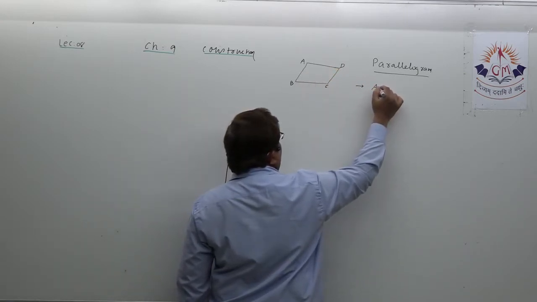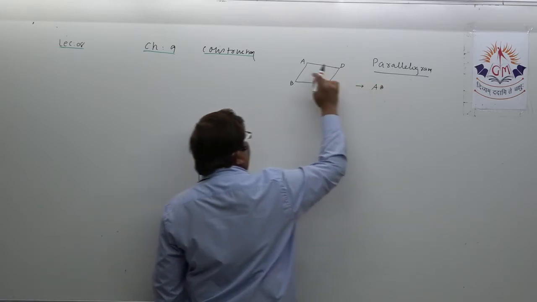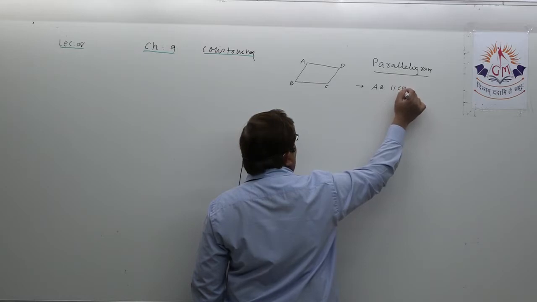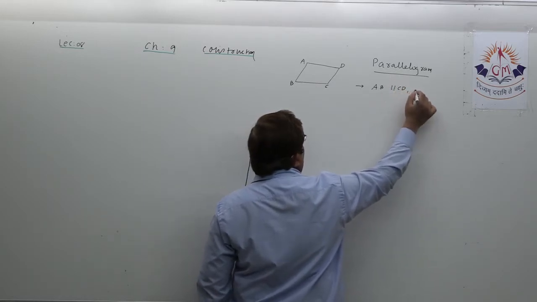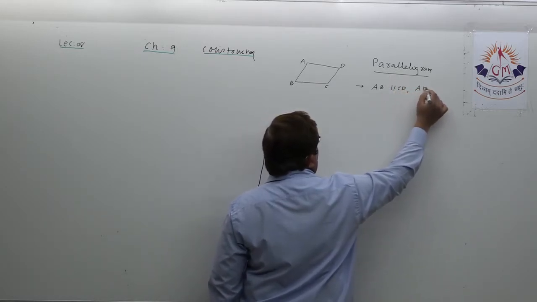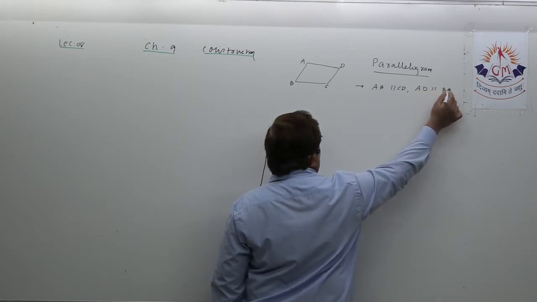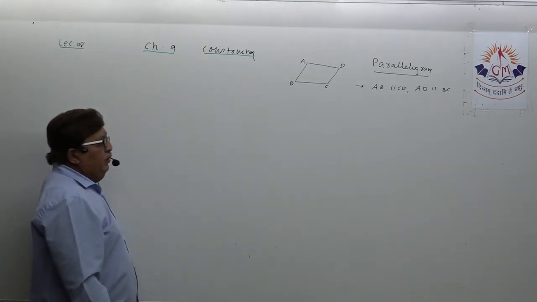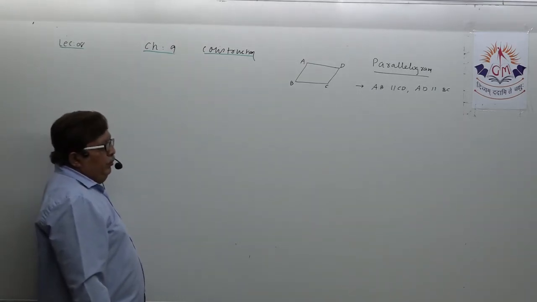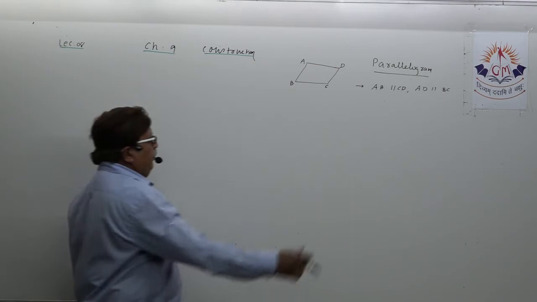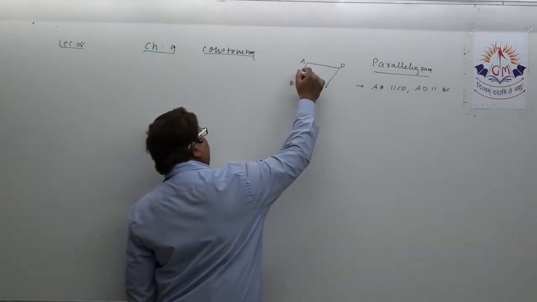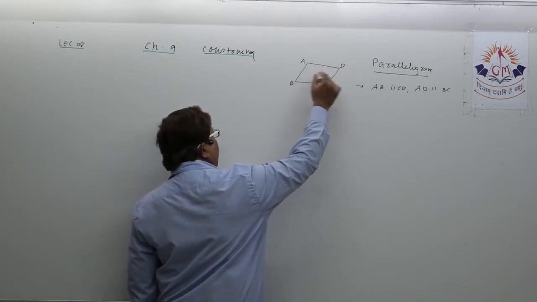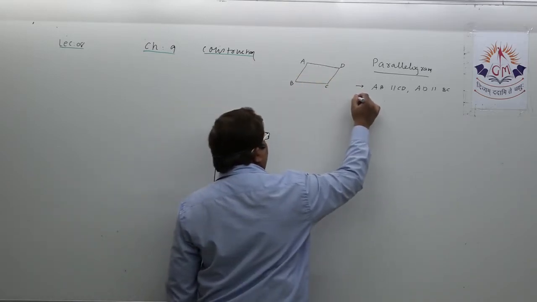I want to write those properties symbolically. AB parallel to CD, which means opposite sides are parallel, as well as AD parallel to BC. This is the first property of parallelogram.